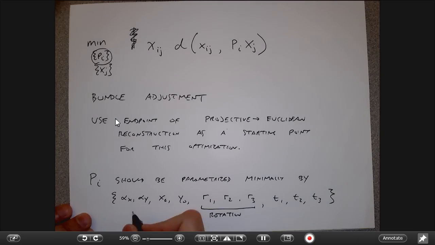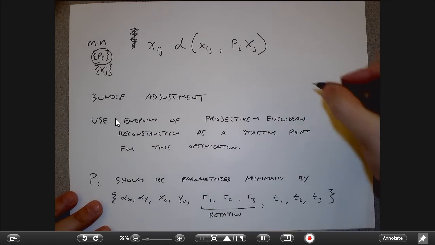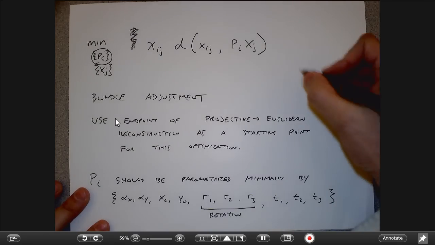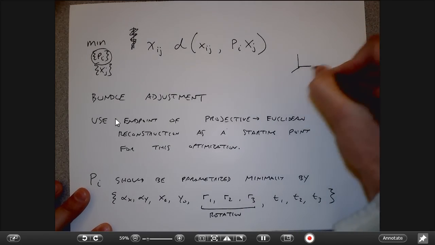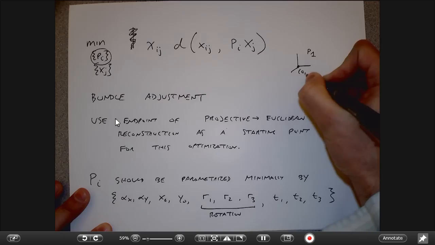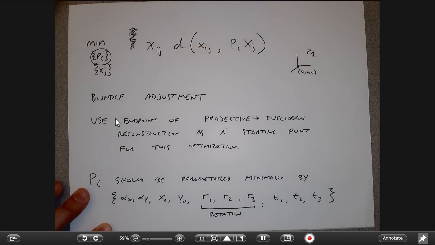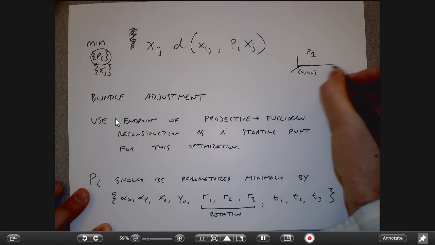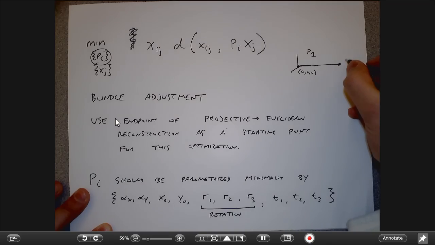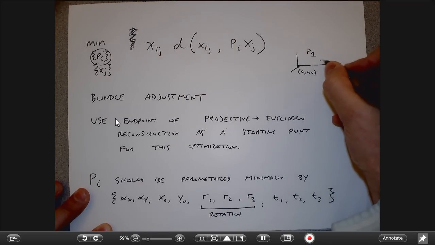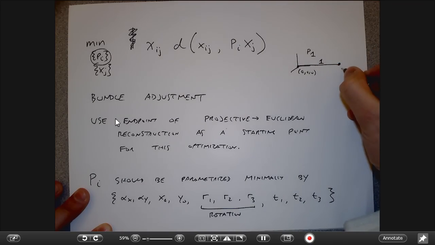And again, to make sure I've got a unique solution, I would use the same trick. To minimally parameterize, I say the first camera should be at 0, 0, 0 with an identity matrix, and then to avoid any ambiguity, I put the second camera exactly 1 unit away from the first camera.